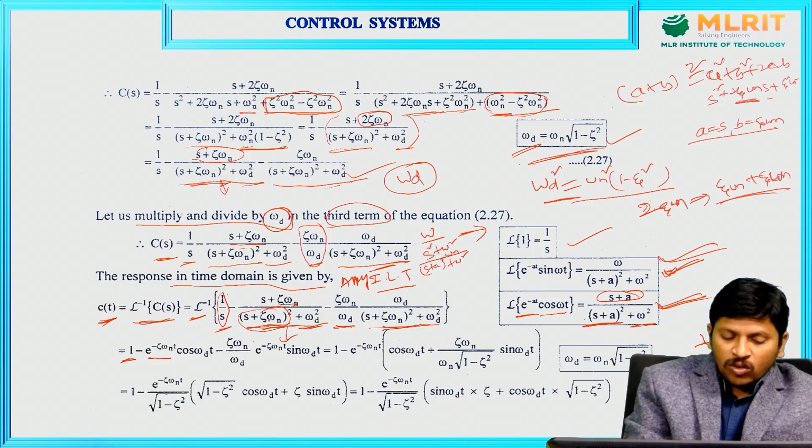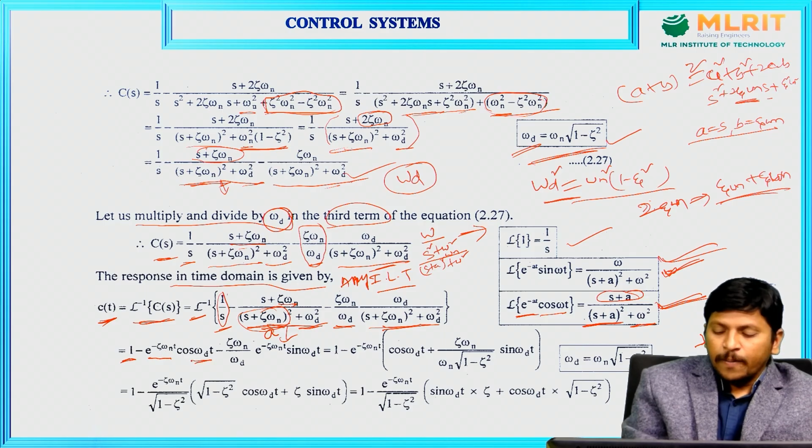Here a equals zeta omega_n. So that's why e^(-zeta omega_n t) cos omega_d t. Then minus zeta omega_n by omega_d, and omega_d.